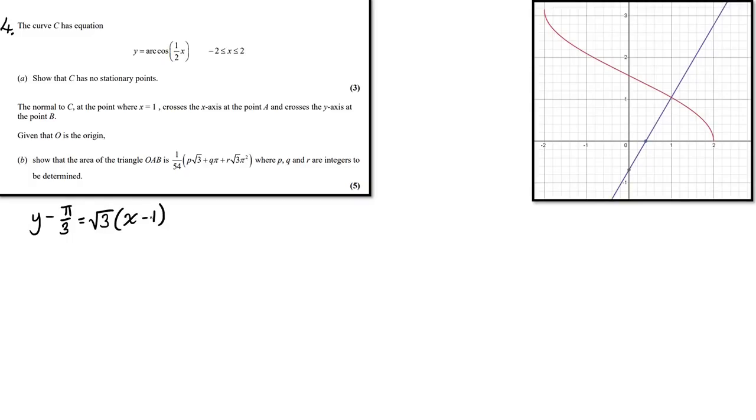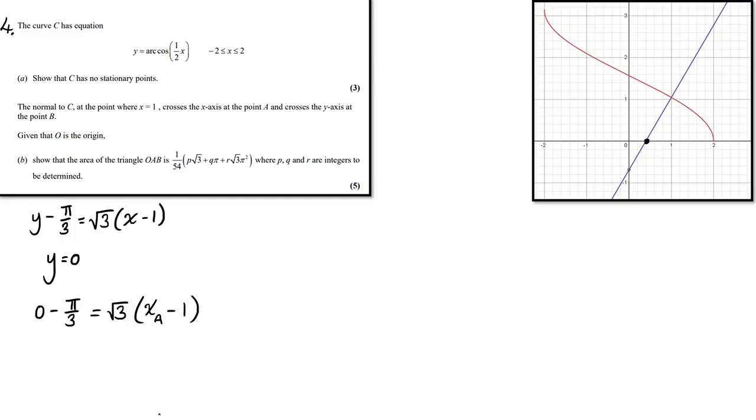Okay, so to work out xa then, we're saying y equals 0. So when y equals 0, what do we get? Well, we get 0 minus pi over 3 is equal to root 3 times, so this point now that we want for x, that's xa, minus 1.